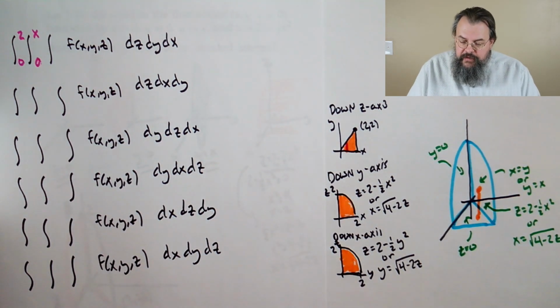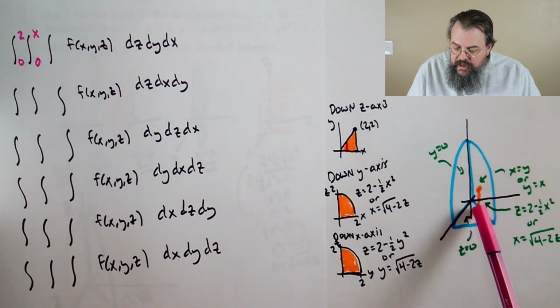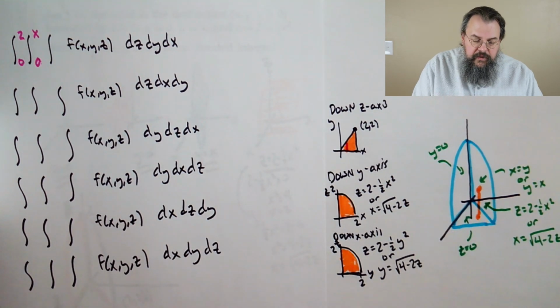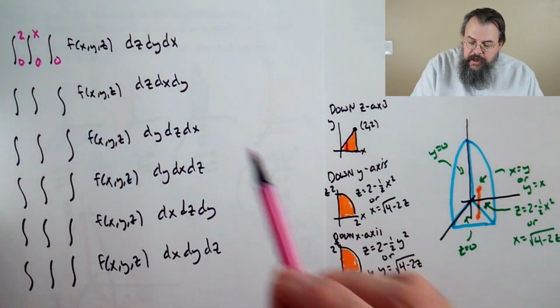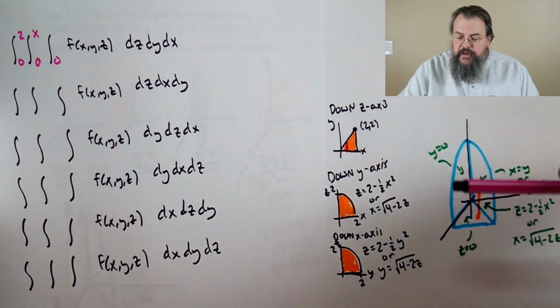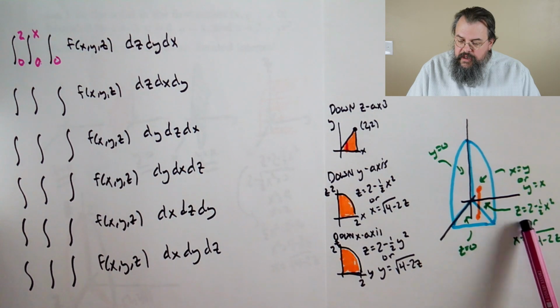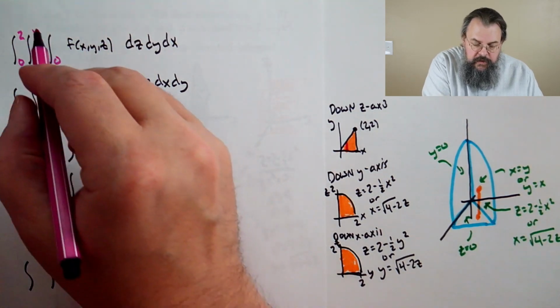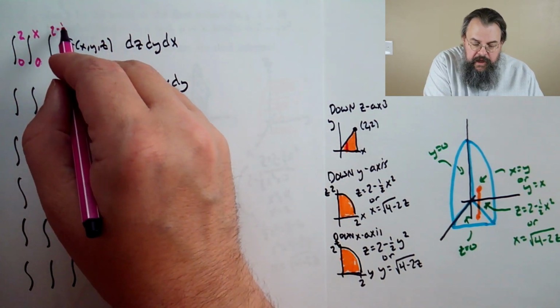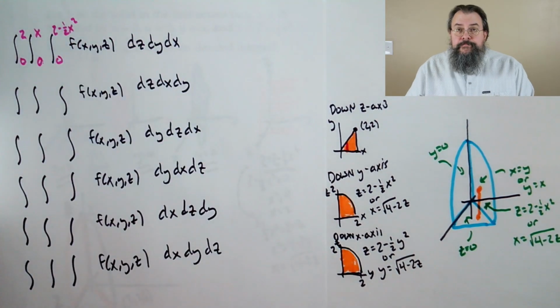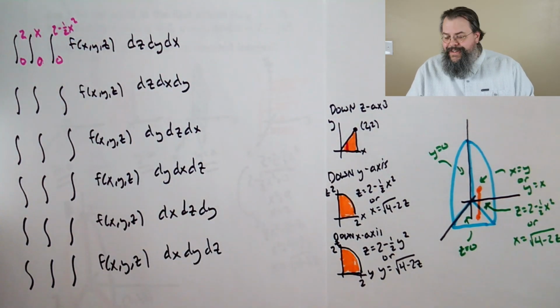And the bottom surface is this z equals 0. Okay, so we're going to go from 0 up to this curved surface here. So that is z equals 2 minus 1/2 x squared. All right, one down.